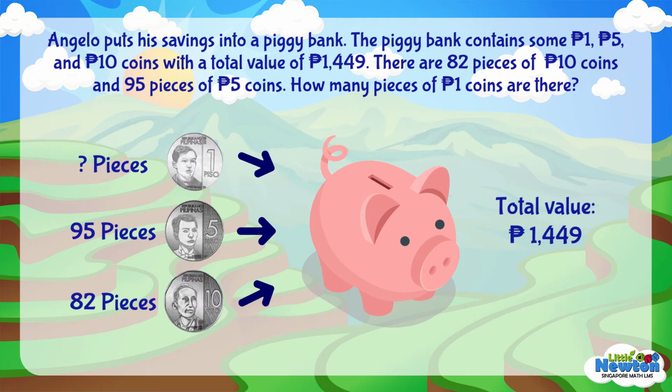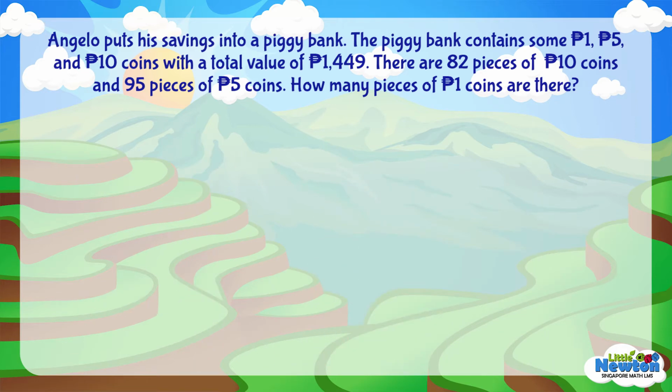We also know that the total value of all 1 peso, 5 peso, and 10 peso coins is 1,449 pesos. How many pieces of 1 peso coins are there? The question asks us to find the number of 1 peso coins that are in the piggy bank. Alright, now that we've understood the question, let's move on to solve this word problem.